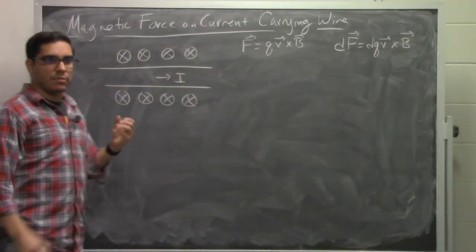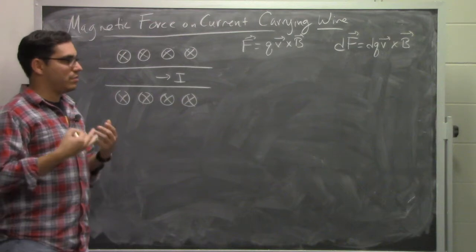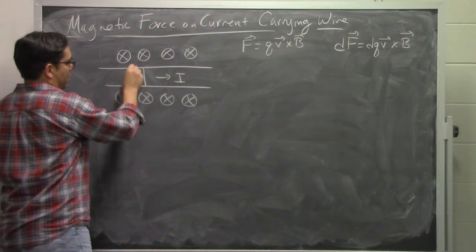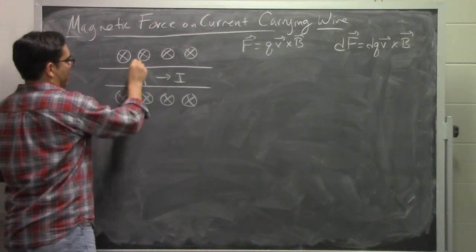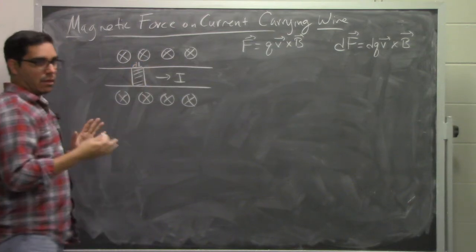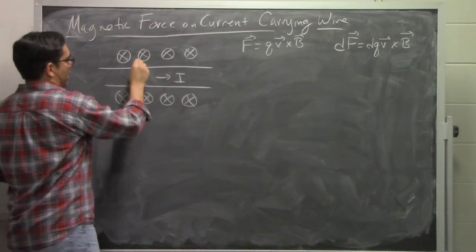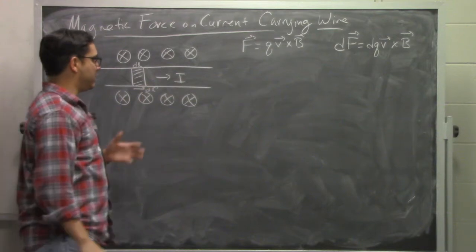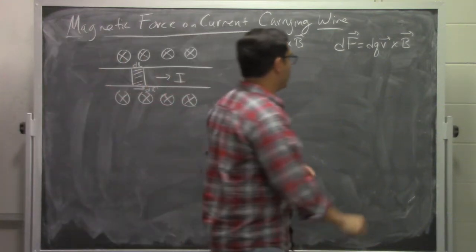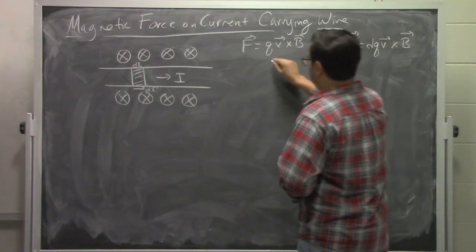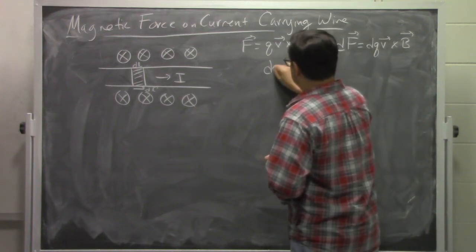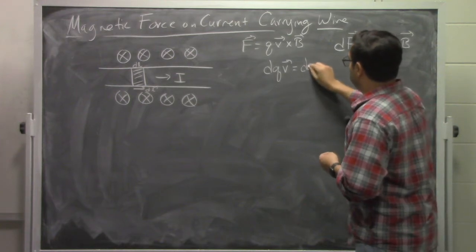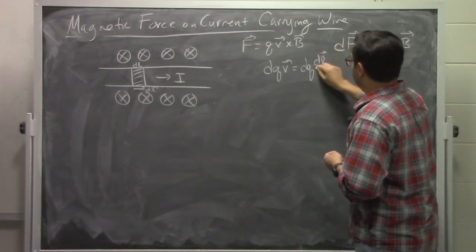This is exactly what we did when we derived Biot-Savart's law, right? We had this sort of dqv situation. What we did was we took a little chunk of the wire and we referred to it as having a length dl. And we also posited this idea of having a vector dl, which points in the same direction as the current, if you remember. And so we said, well, this dqv is exactly equal to dq dl dt.